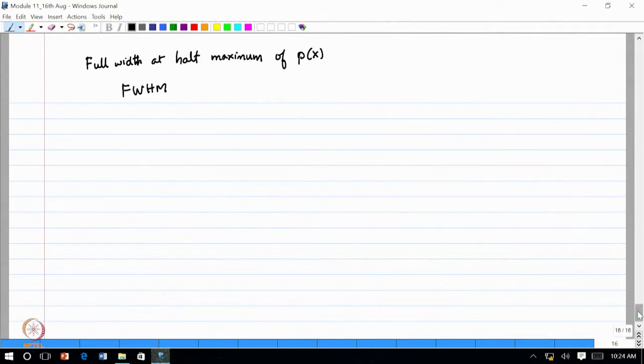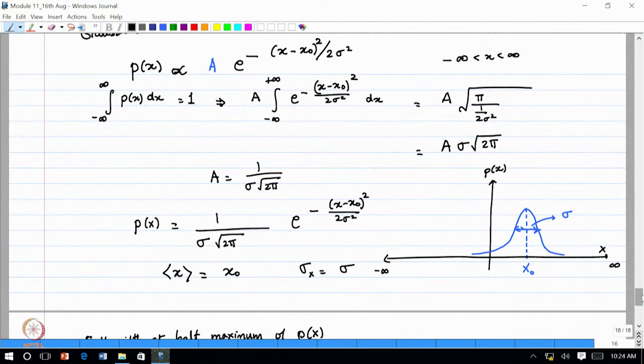To calculate this, P of x is maximum at x equal to x 0. When x equal to x 0, then the quantity e to the minus x 0 square by 2 sigma square is e to the 0, which is 1. So this value is just 1 over sigma root 2 pi.